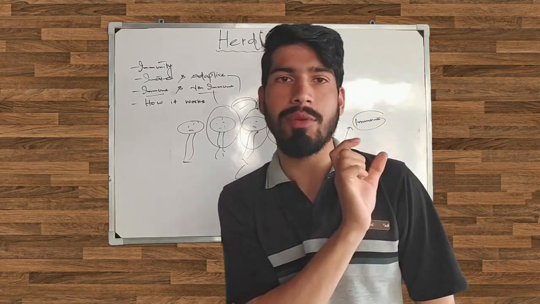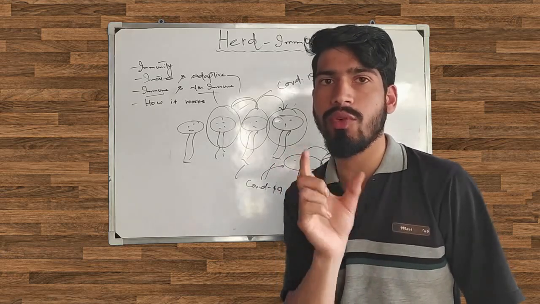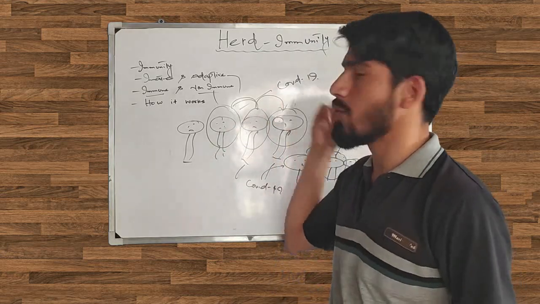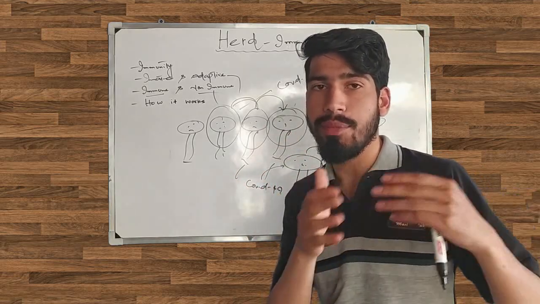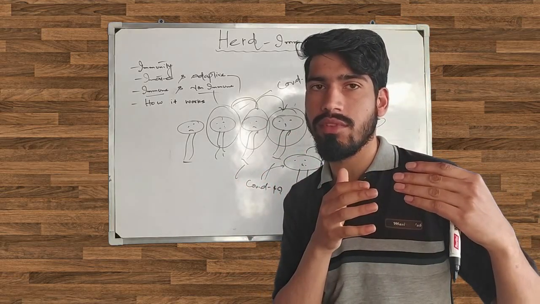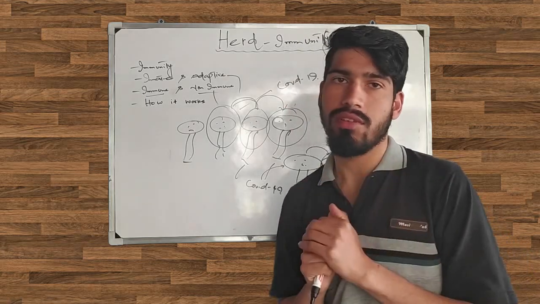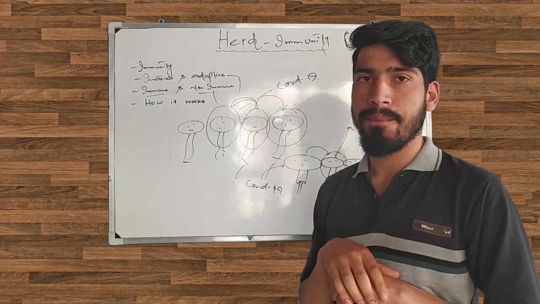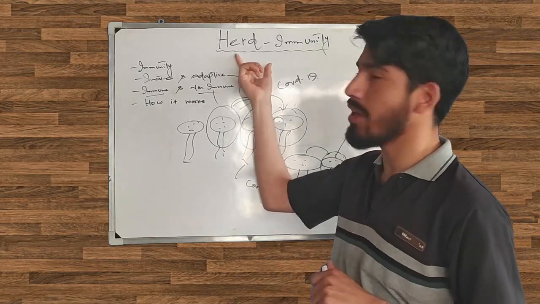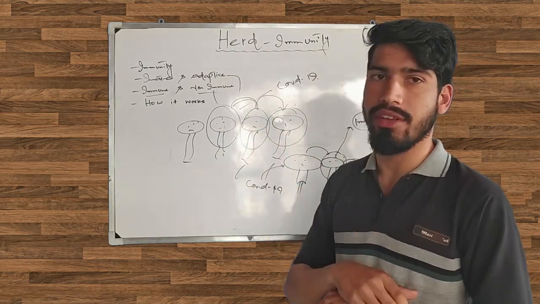Of those other 50, say 20 persons get this disease, COVID-19, but the other 50 immune persons can become a shield to the other 30 persons who have not caught the disease yet. This is the motive of herd immunity. This is called herd immunity.